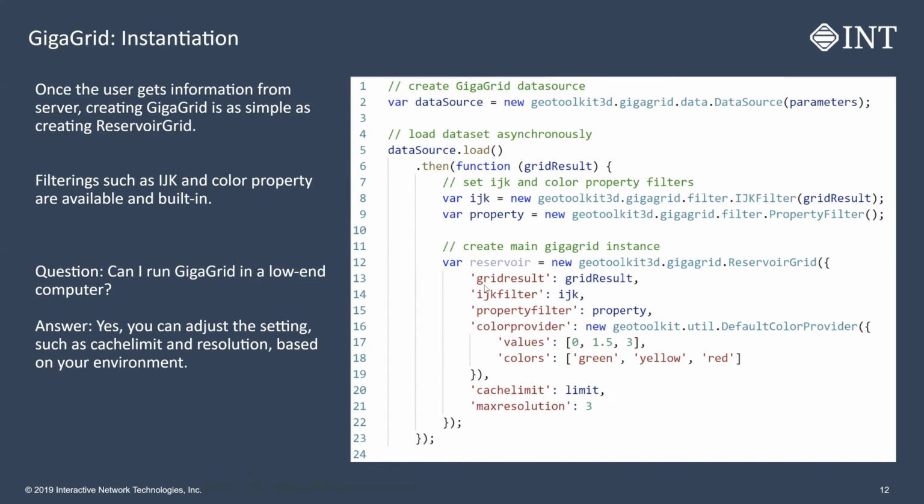But if you look at the parameters, they're almost the same. IJK and property filters are not built in because we want to fetch the exact data from the server, so we don't deal with the data locally. Another step is called cache limit.